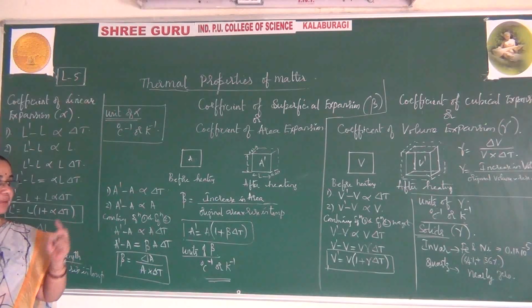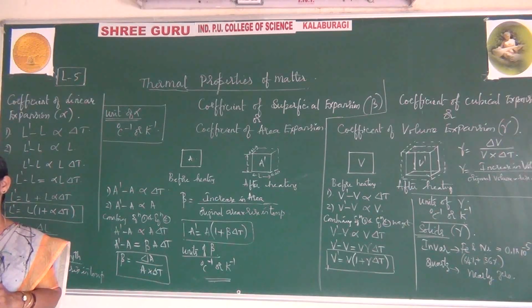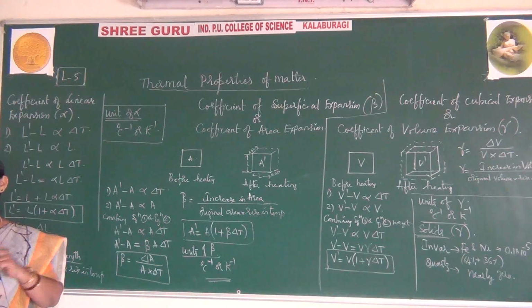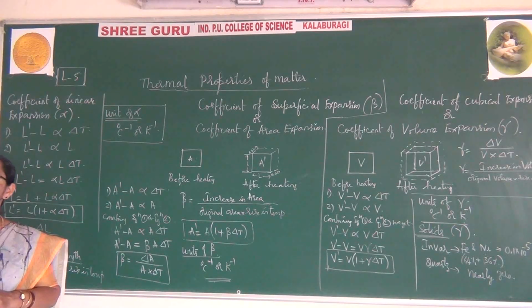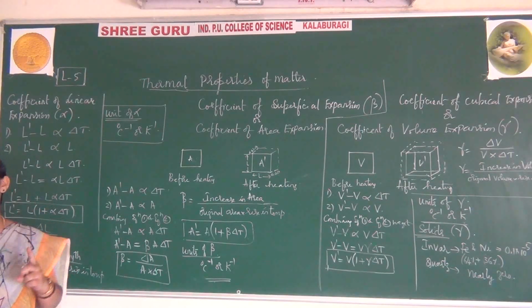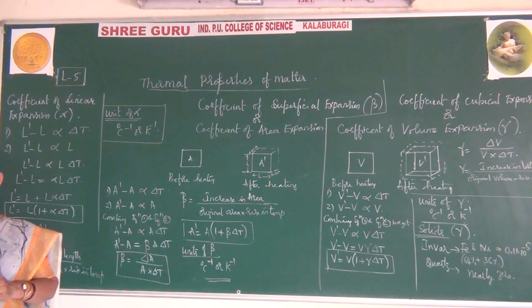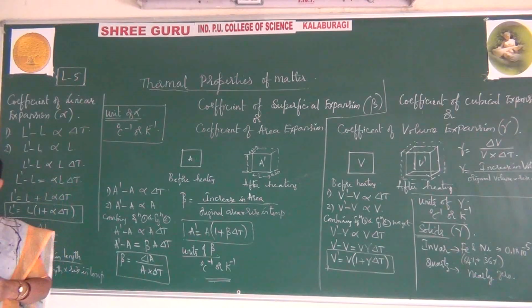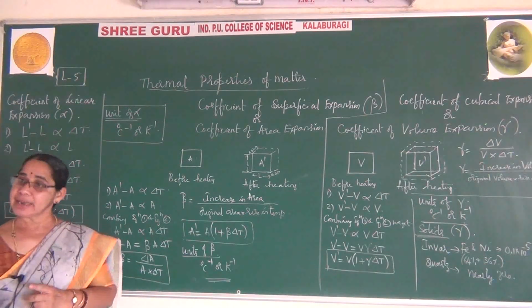And at the same time, mercury has a special property: it does not stick to the container, and compared to other liquids like water, it will give accurate readings. It will never stick to the container. Those properties you have already learnt in liquids.